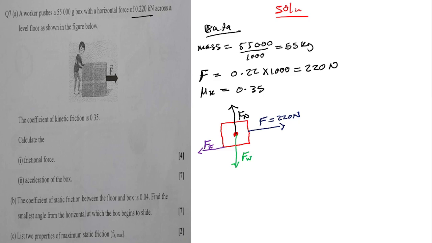So let's quickly look at the solutions now. I'll start with the first one, the frictional force. For me to get the frictional force, I have to use the formula: the coefficient of friction is equal to the frictional force over the normal force.